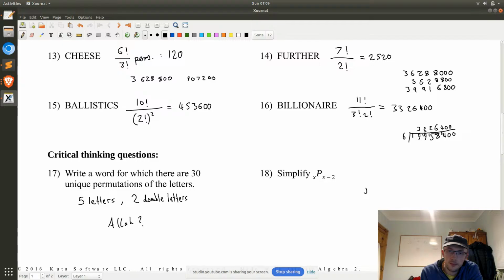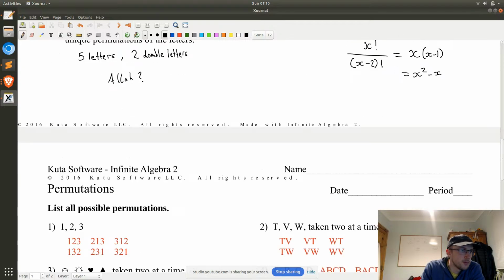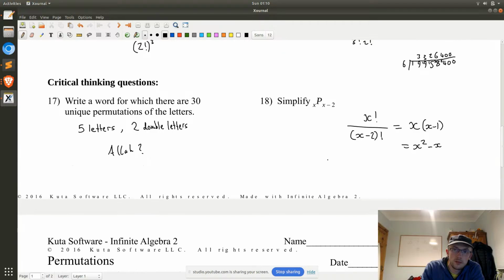Well, it's x factorial on top, and that on the bottom. So that. And oh no, I'm misreading it.